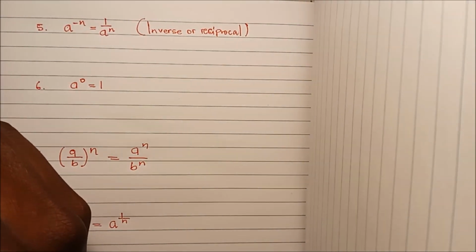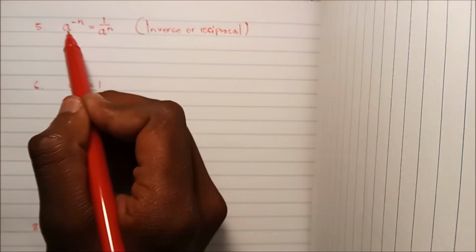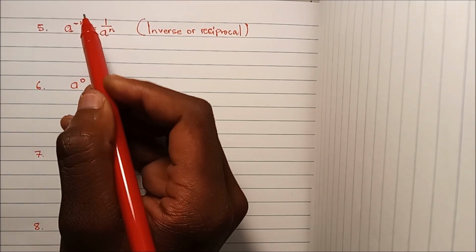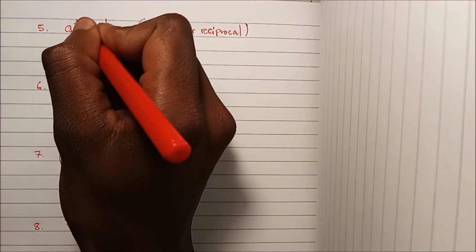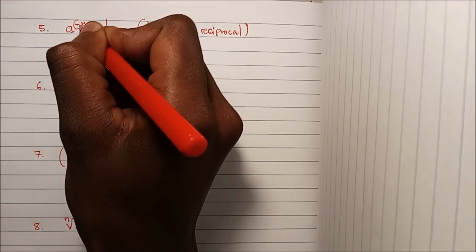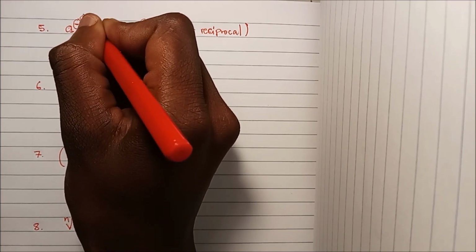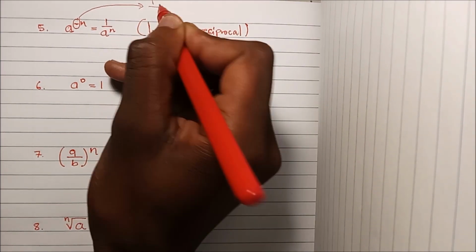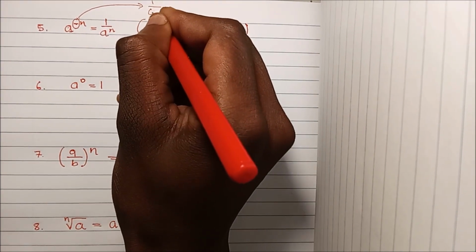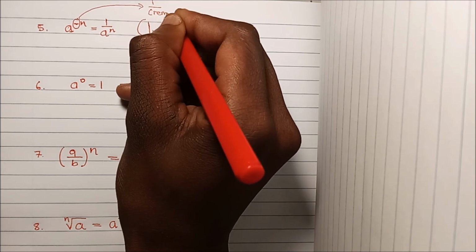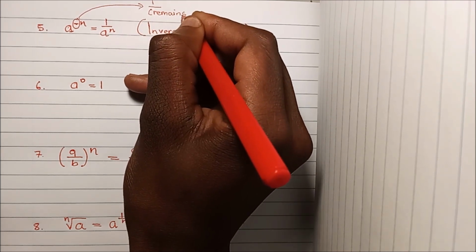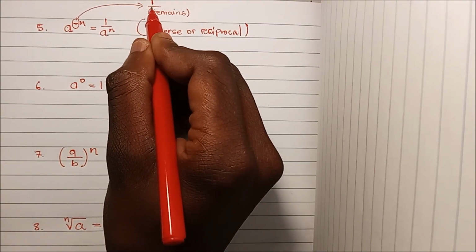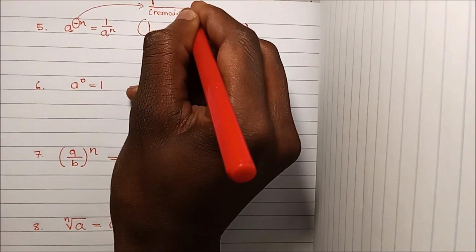So now, if we have a to the exponent of negative n, what you must note is that the negative there just represents 1 over whatever remains. So that is 1 over the whatever that remains.